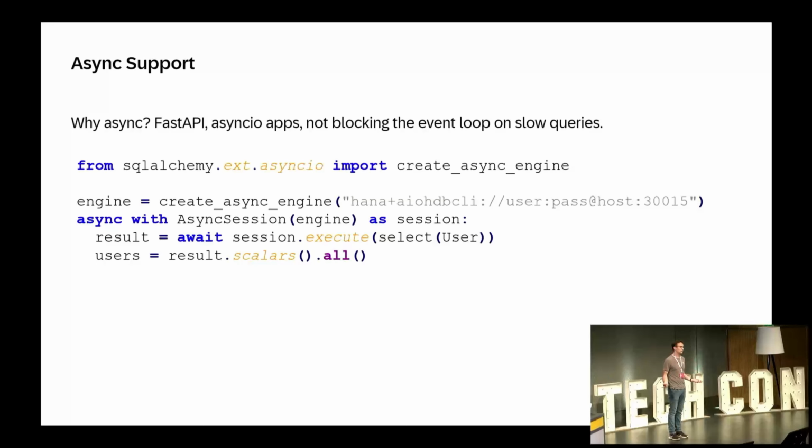In the end, it's also not that complicated, because instead of saying create engine, you just say create async engine. Instead of having a session, you have an async session. Instead of having a connection, you guessed it, you have an async connection. But in the end, it makes your application, in the best case, go faster if you have a mostly I/O bound workload to do.